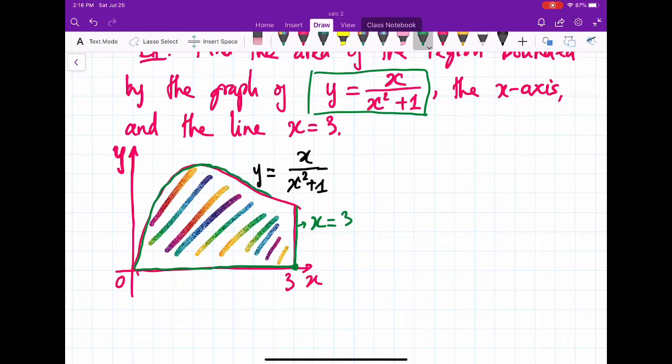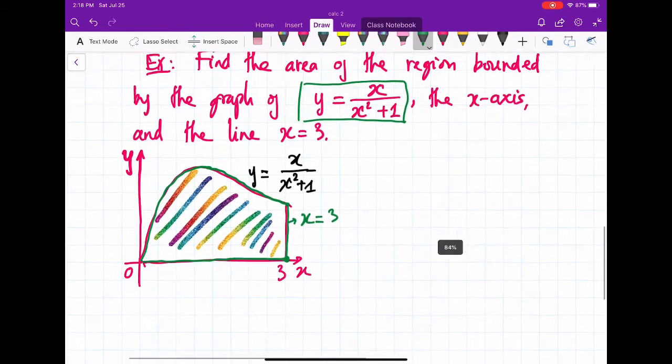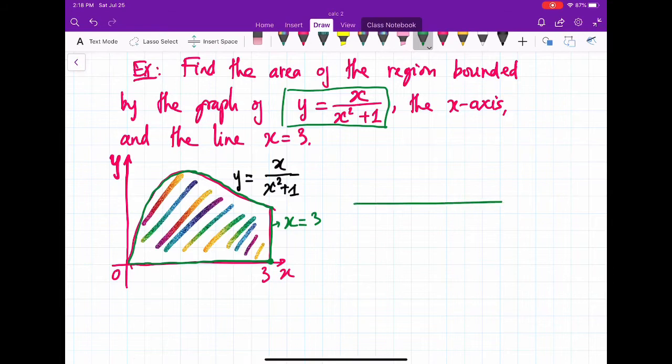Of course, in this case they give you the graph, so you don't have to graph the function. But if they don't give you anything, you need to graph the function to make sure that the graph is above or under the x-axis. I hope you still remember that problem, because sometimes the graph looks like this. And this is the x-axis.